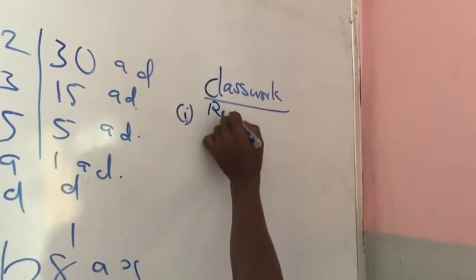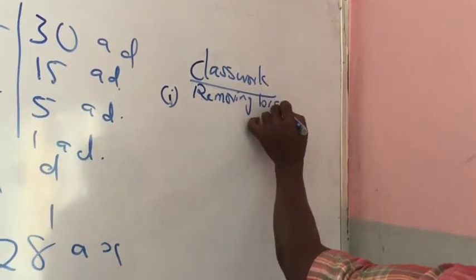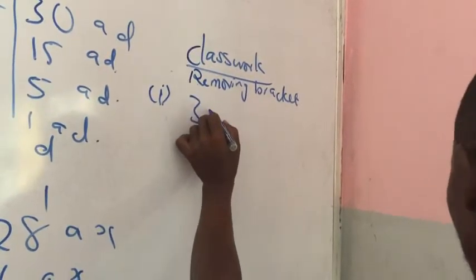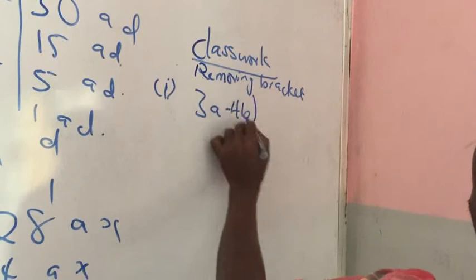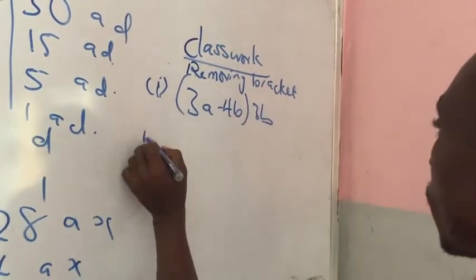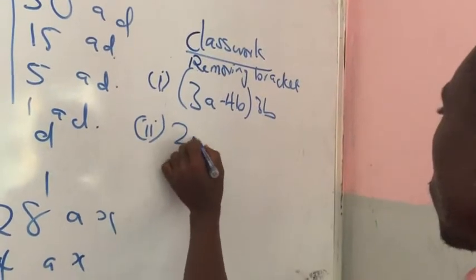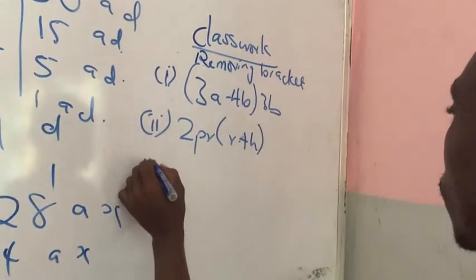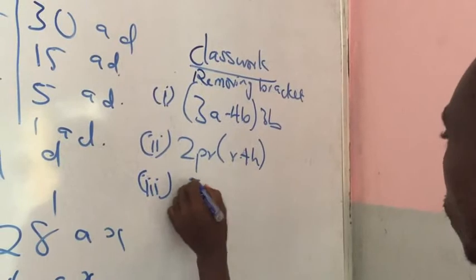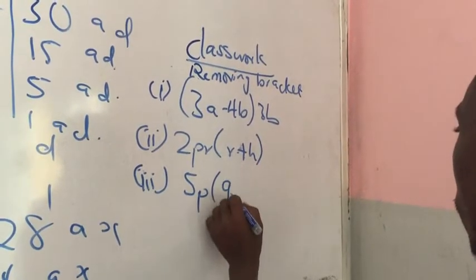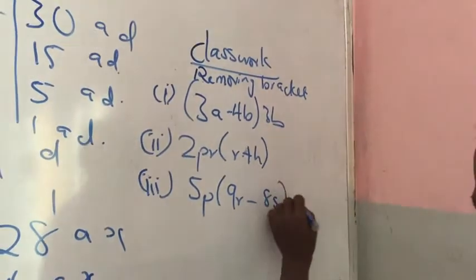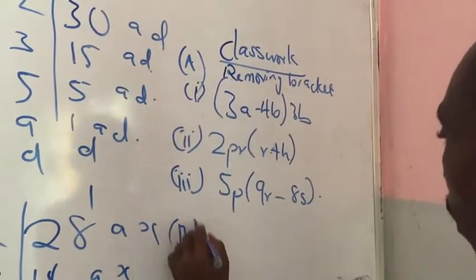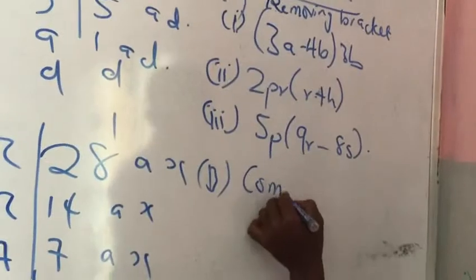This is on removing brackets now. So this is the first part, I call it A. The other part, I call it B, which is questions on common factor.